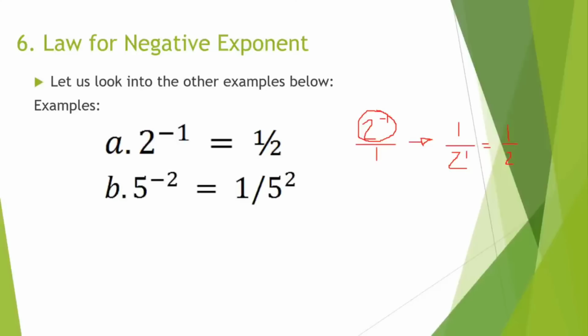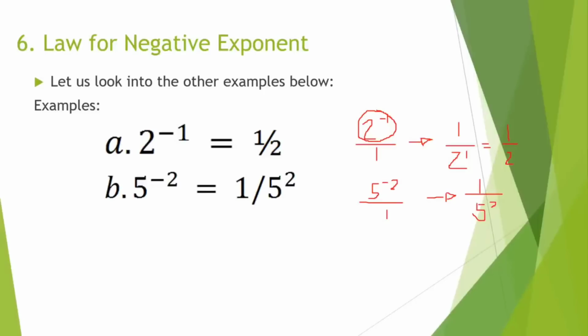For example B, we have 5 raised to negative 2. So again, 5 raised to negative 2 is similar to 5 raised to negative 2 over 1. So the reciprocal of that is 1 over 5 squared, but for the law for negative exponent, we simply change the sign of our exponent into positive.